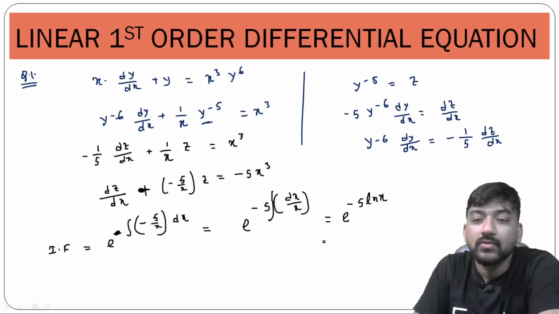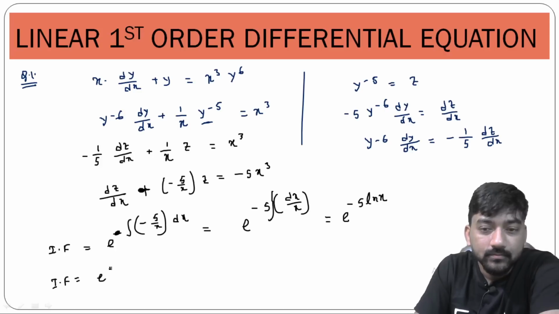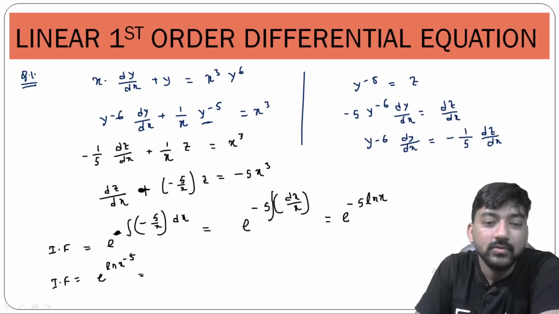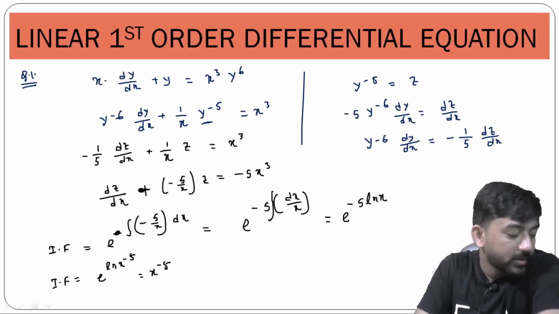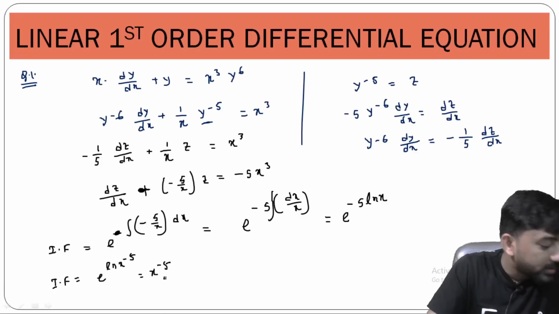So it will be e to the power ln of x to the power minus 5, which is just x to the power minus 5. So your integrating factor will be just x to the power minus 5.